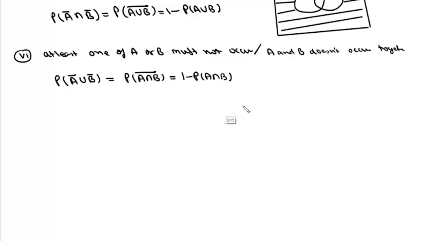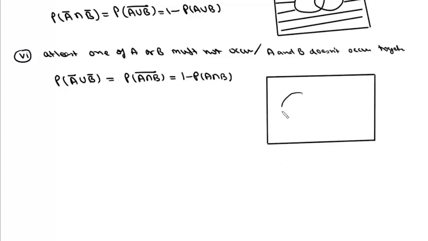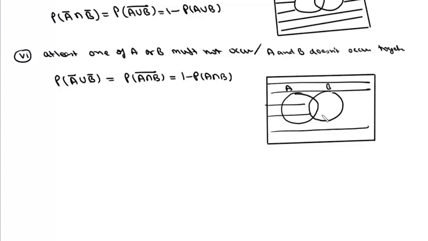So basically this case is union of A naught and B naught, or complement of A intersection B. So in this case is this entire region except for region in between A and B. So that's the case with probability of A naught union B naught.